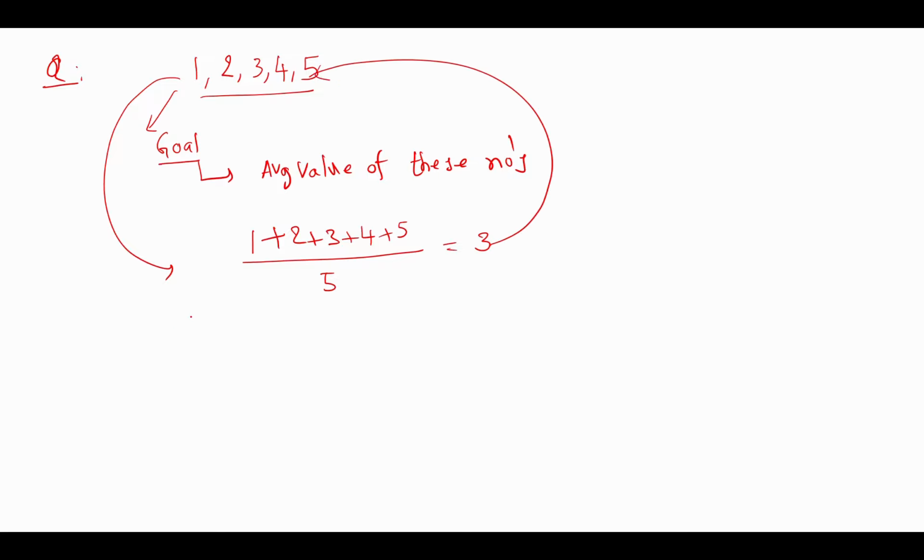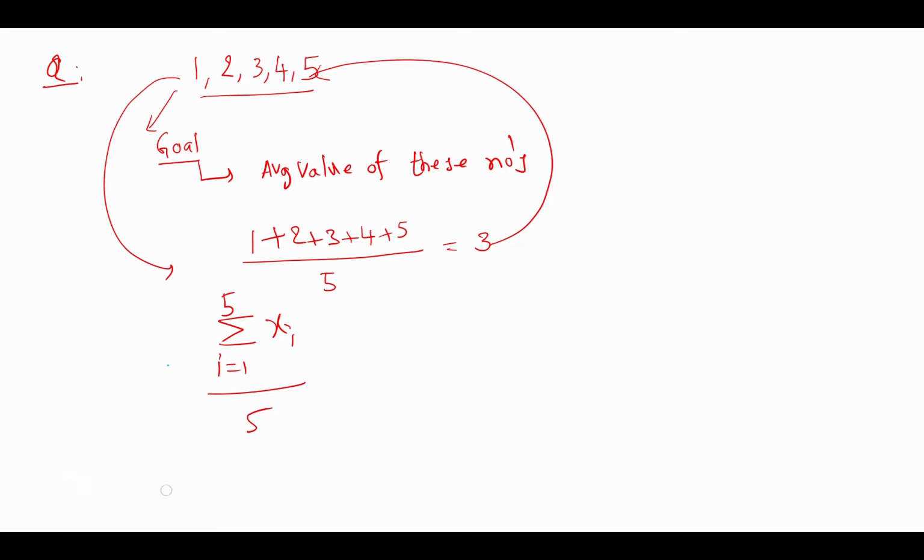It's very simple, right? Now if I convert this to a formula, this will be the summation, with i going from 1 to 5, of xi divided by 5.